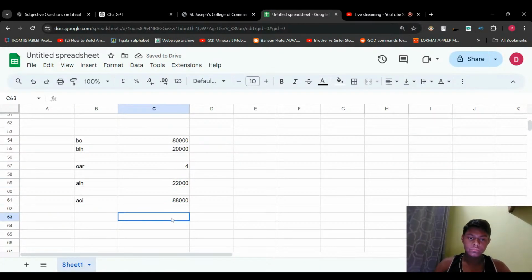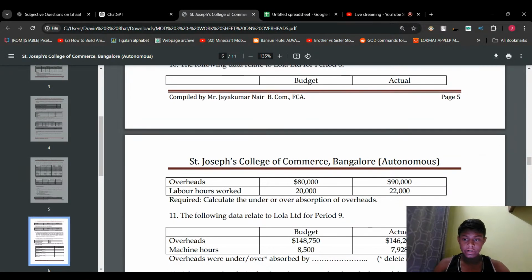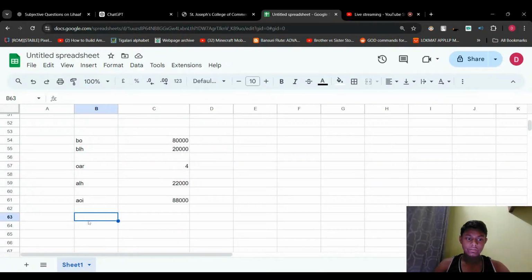That's all. 88,000 is the absorbed overhead. And how much are the original overheads? The actual overheads, 90,000.